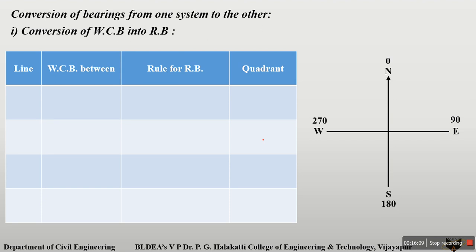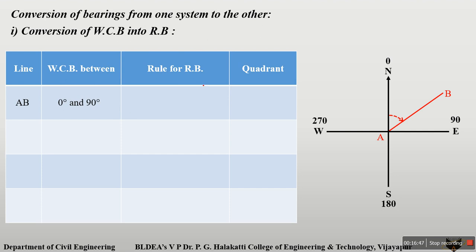The first line is present in the first quadrant. This line is assumed as AB. Here the WCB is in between 0 degree to 90 degree. We measure the bearing from the north direction towards the east, and this bearing is in between 0 degree to 90 degree.